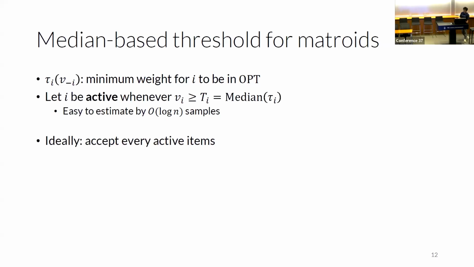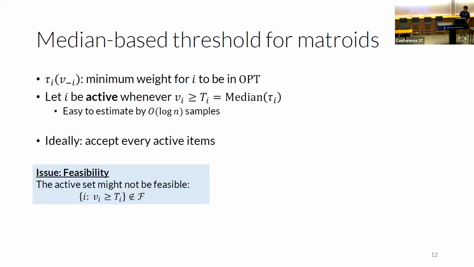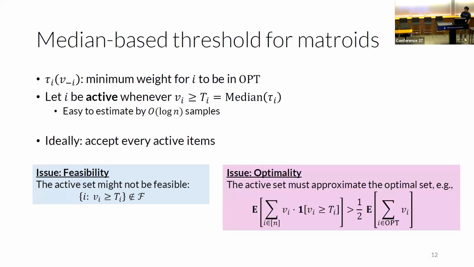Ideally, we want to accept every active item, but that is impossible because the active set might not be feasible. Even if we ignore that issue, there's another issue about optimality. Even if we can accept every item that is active, we still need to show that this indeed approximates the optimal set, for example a half approximation.